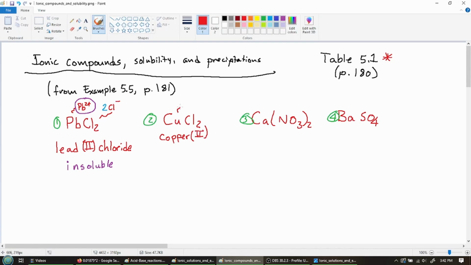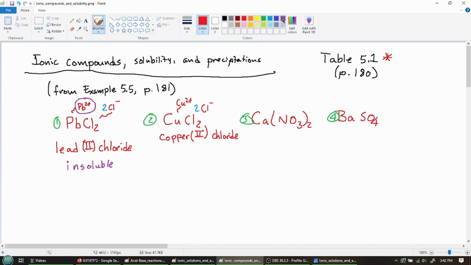Because it's copper 2 plus, and we have 2 Cl minuses, 2 chlorides here. Right? So because it's copper 2 plus, we call it copper 2. Not because there's 2 chlorides, but because it's copper 2 plus. Okay, so copper 2 chloride.